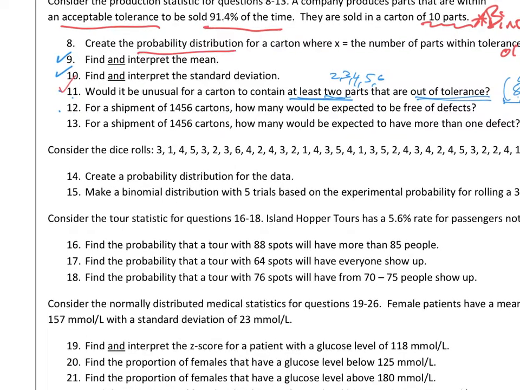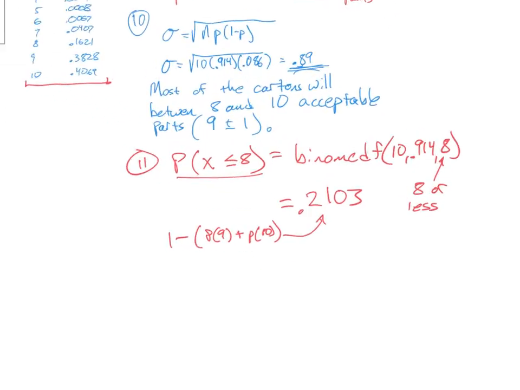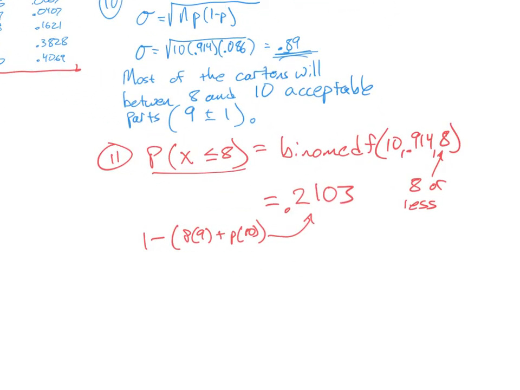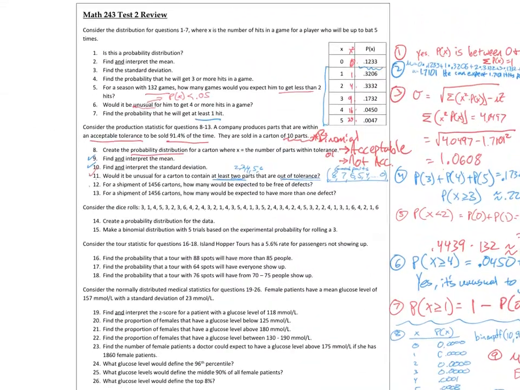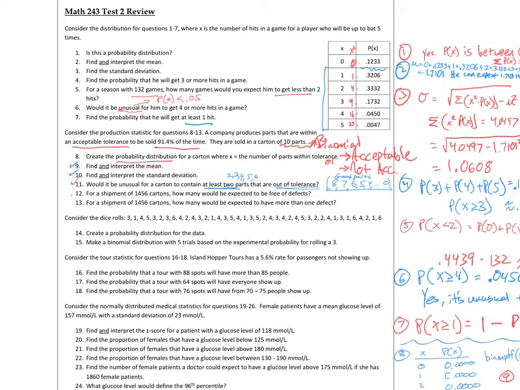Unusual means we have less than 5%. So no, it's not unusual to have 2 or more parts out of tolerance there.